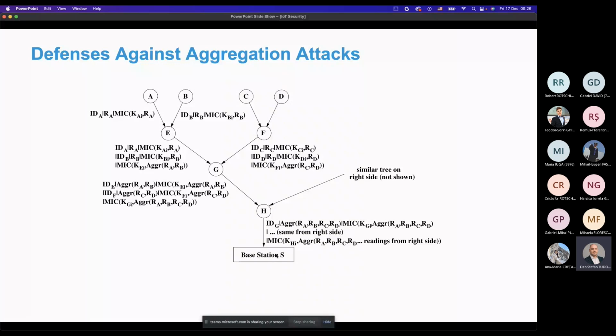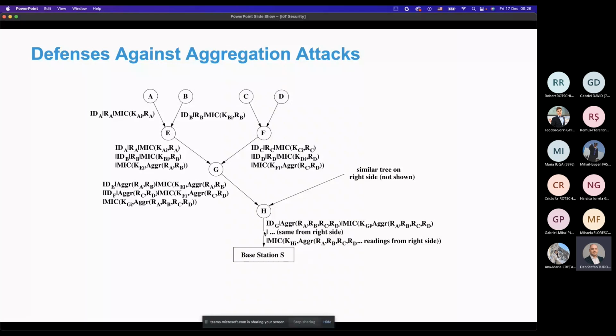Once the base station receives the messages from its children, it can compute the final aggregate value. So you can actually compute this here. The base station has a shared temporary key with each sensor node. So therefore, it's the only entity in the system that can verify whether a received message has been transmitted by, let's say, node H, for example, by calculating the MAC of the aggregation of the messages and comparing it to the MAC in the message.